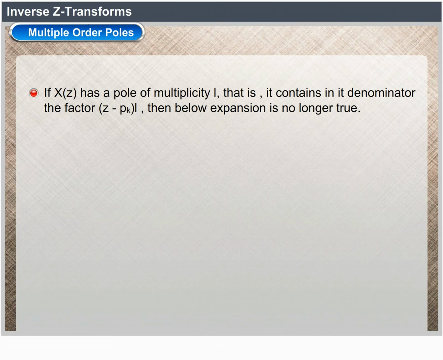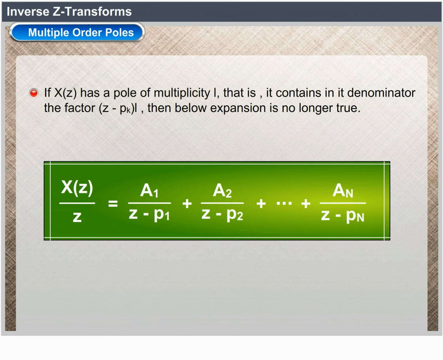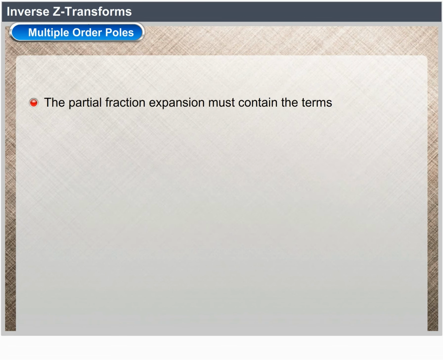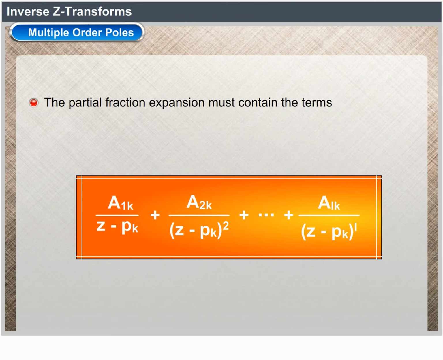The partial fraction expansion must contain the terms a1k/(z - pk), a2k/(z - pk)^2, etc. plus aLk/(z - pk)^L.